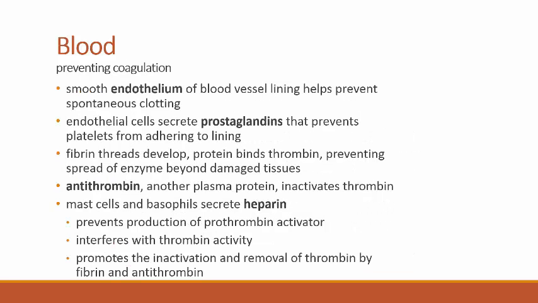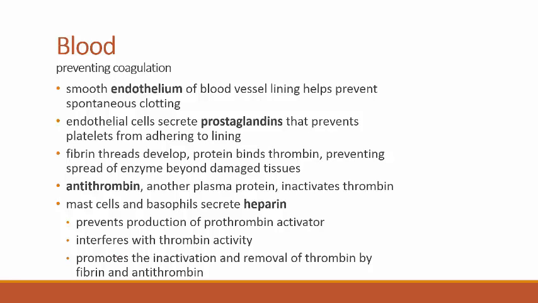Okay, then last of all, we've seen how clotting could happen, but clotting, if it happens inappropriately, can form an embolus and then an embolism. So how do we prevent that kind of clotting from happening? Well, the lining of the blood vessel, that endothelium, is very slick and smooth.